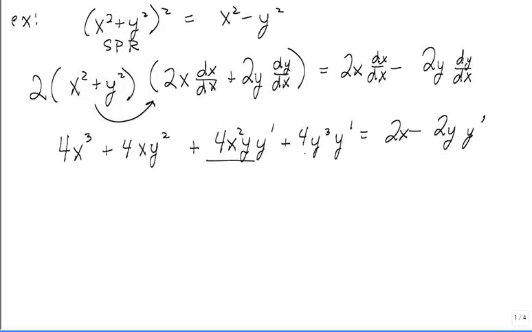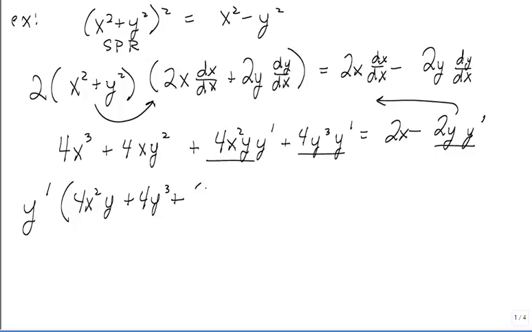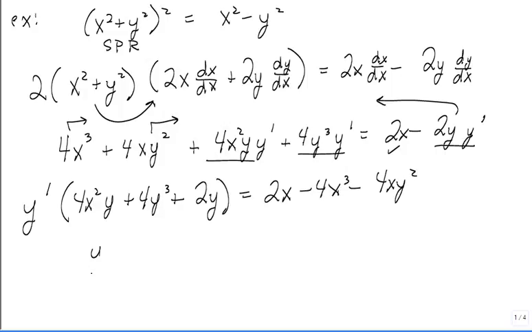I get all the y prime terms together on one side, and I factor it out. So I bring this over, that's going to change to a plus. That's going to stay here. This is going to go over, that's going to go over. Divide, and you're done.